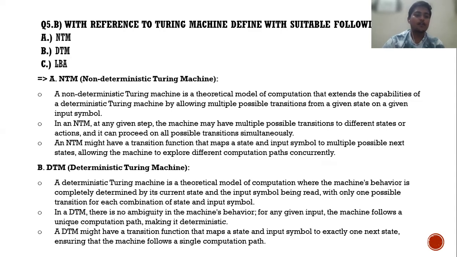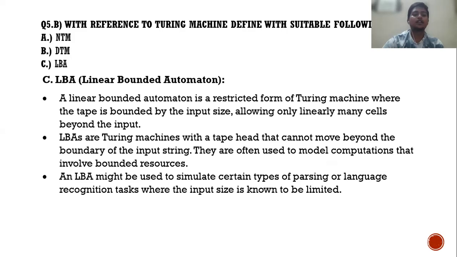For LBA, which stands for linear bounded automata, a linear bounded automaton is a restricted form of Turing machine where the tape is bounded by the input size and only allowed linearly many cells beyond the input.